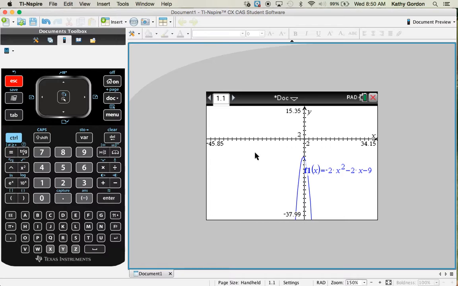Any other questions from either of the calculator activities that you did? Anything that you couldn't make it work or weren't sure what the directions were telling you to do with it, or anything like that? It's on page 1.2.